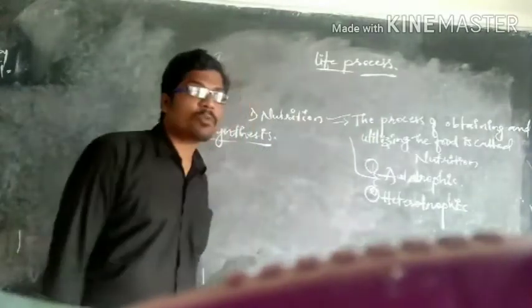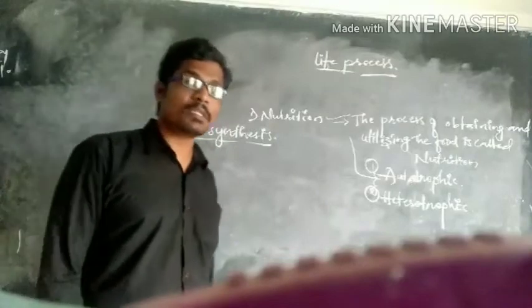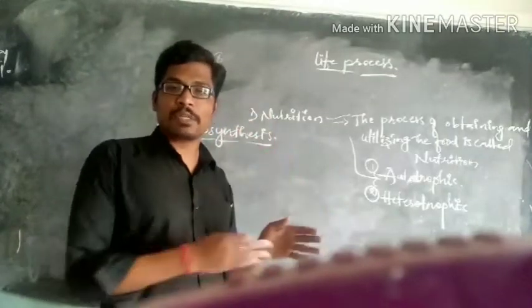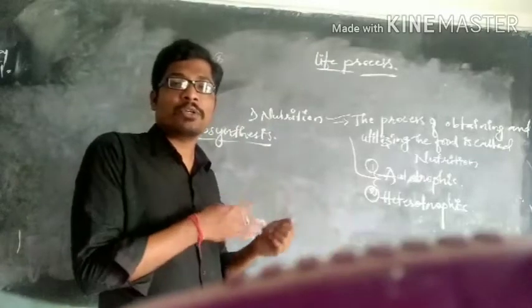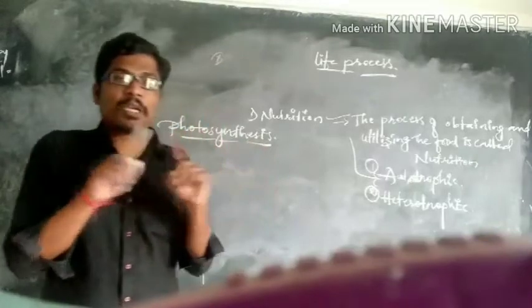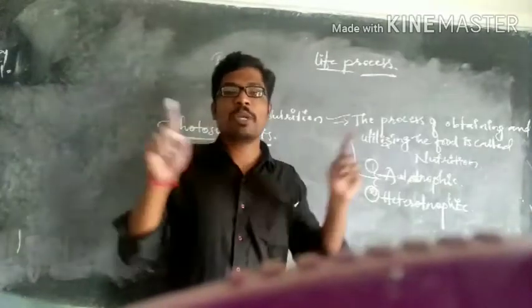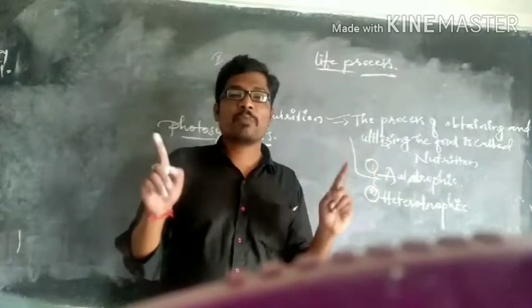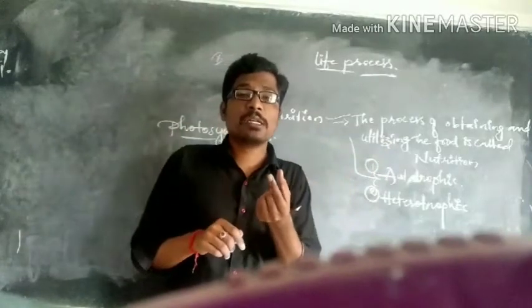When I ask about the chemical equation, most students get confused. Chemical equation means, as you have already studied in the first lesson of chemistry, we use symbols. Whenever we write a chemical reaction, we do not use the complete name of the compound, nor the short name.